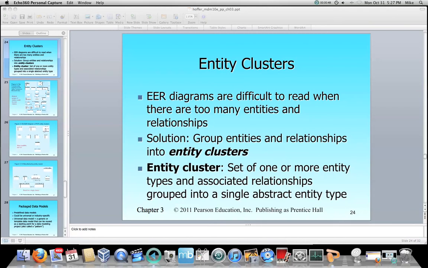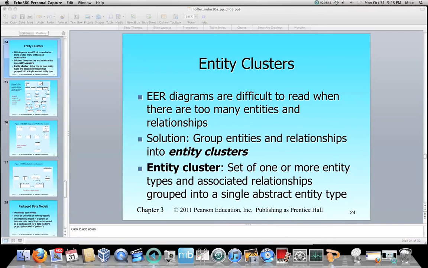Going back to an earlier topic, the enterprise view versus the project view of things, where the enterprise view is a higher level, and when you get down to the project level, it's much more specific and detailed.